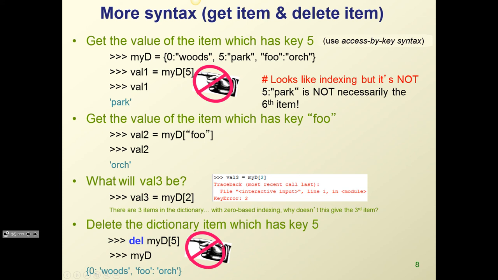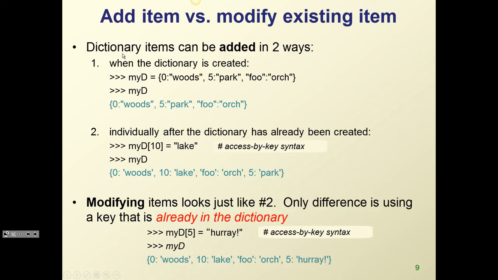That's a good question. If you want to add an item to a dictionary, you can add it, of course, when it's created, hard coding it, and then you can also add it individually after the dictionary has been created. You have to use access by key notation to add a new item. Here we are creating an item that will have key of 10 and value of lake.